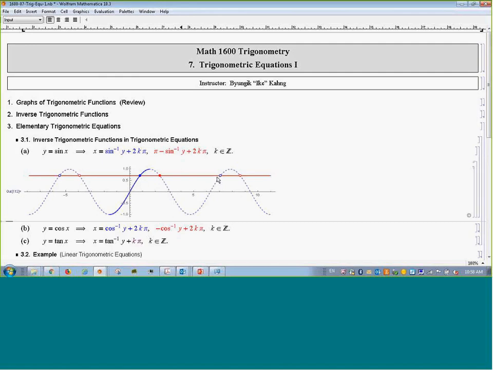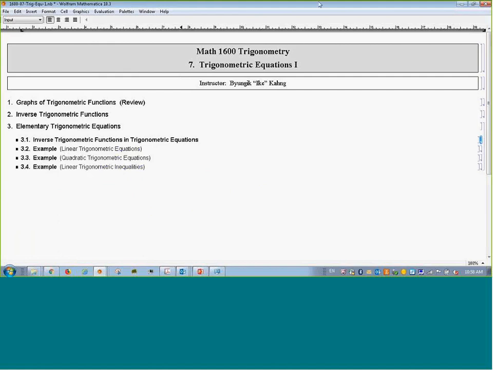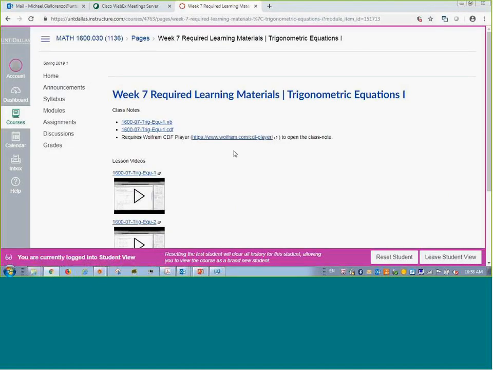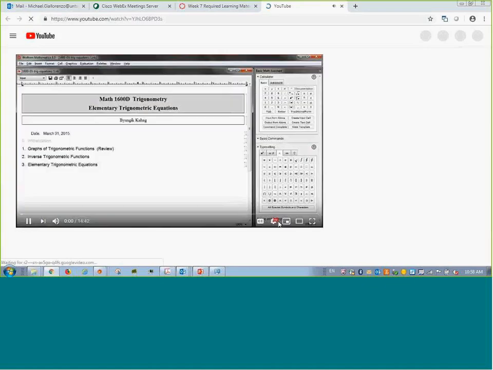And as you can see, this is periodically repeated and some things like these. And all these are summarized in this lesson notebook, and students are required to open up this notebook and then go through it with the lesson videos that I created at the same time. Oh, this is not very good. Let me open up in a bigger window.